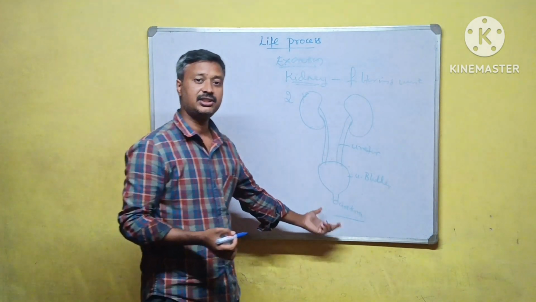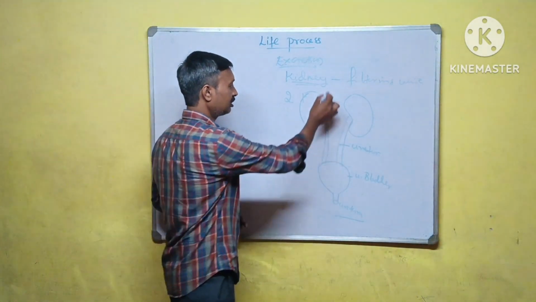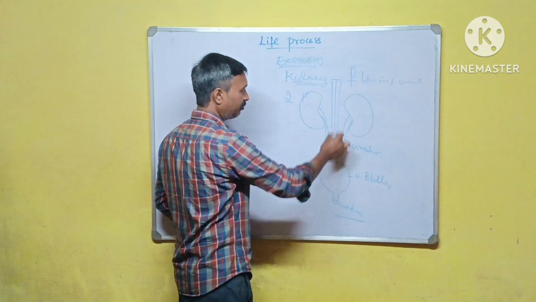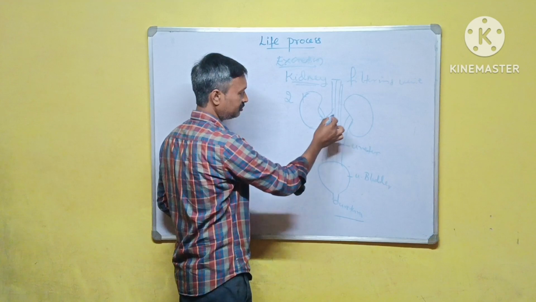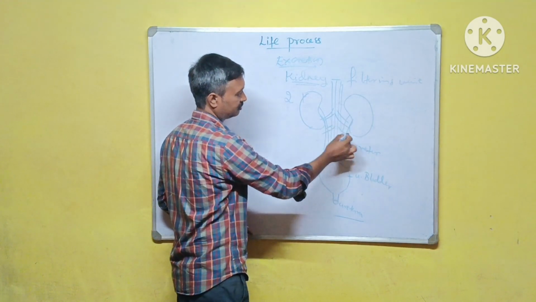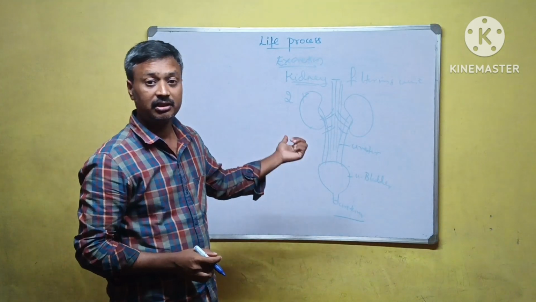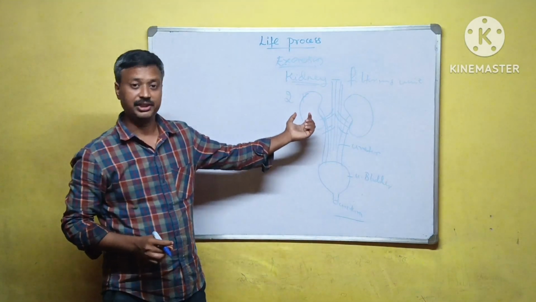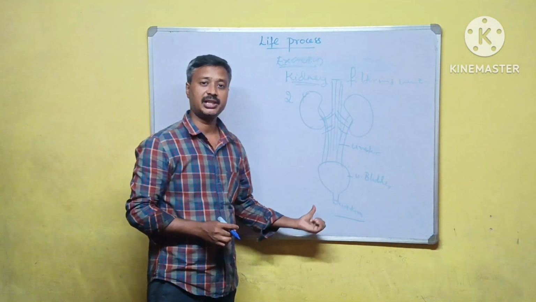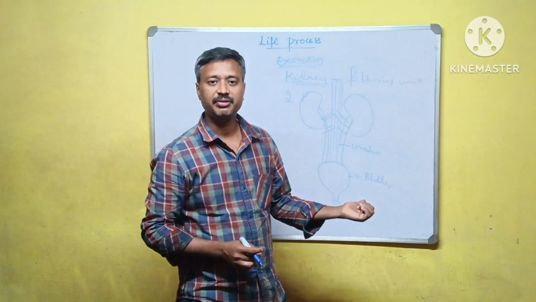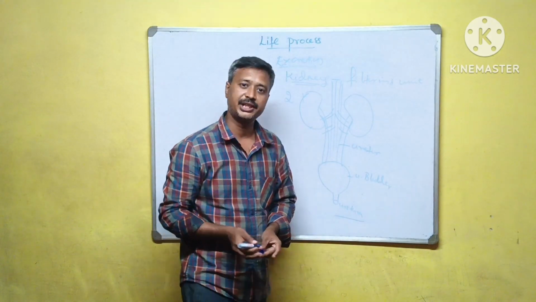This is the excretory system diagram, very important. It connects to the veins and arteries. This is a very important diagram from the point of view of the exam. How many kidneys do we have? Two kidneys.